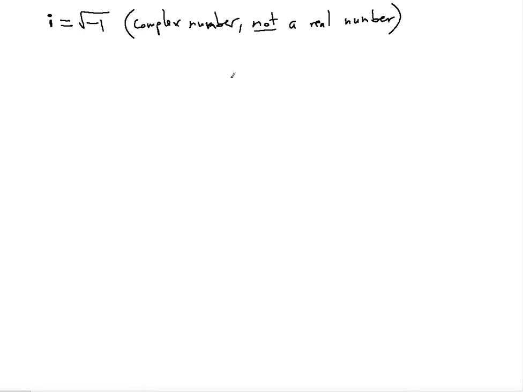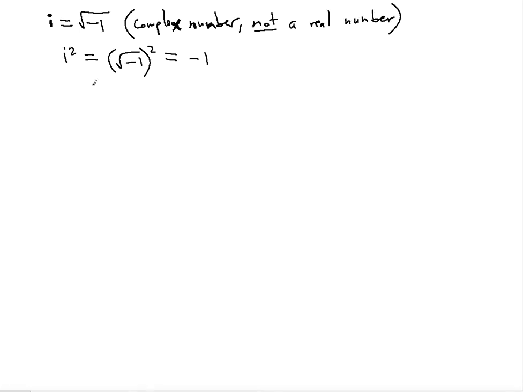Okay? So judging from that, you know that i squared is going to be equal to squaring the radical of -1, which gives you simply -1. But remember, this only works when you're dealing with complex numbers, non-real numbers.